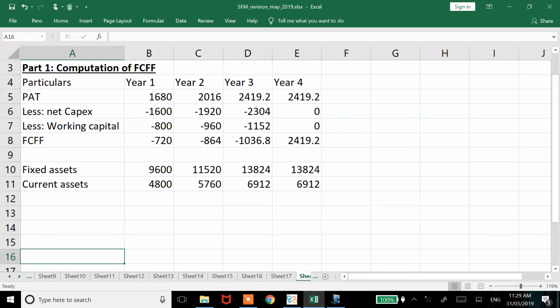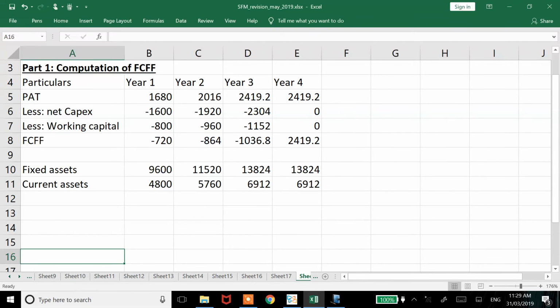This is the FCFF, negative 720, negative 864, negative 1036 and positive 2419. Negative for 3 years and a positive amount for the last year.